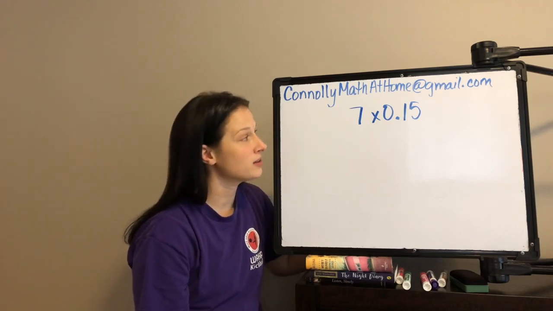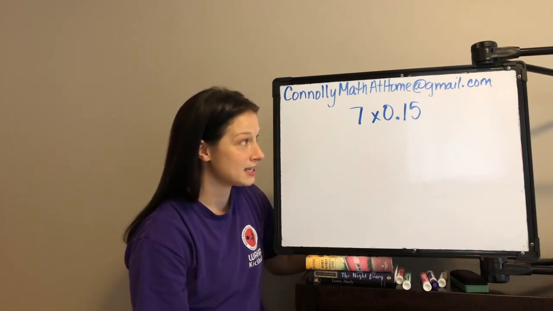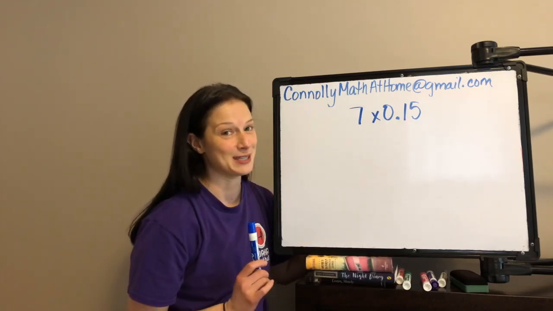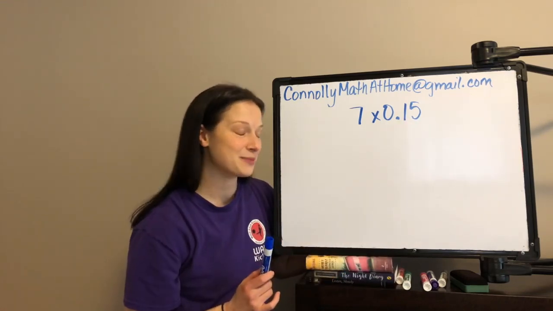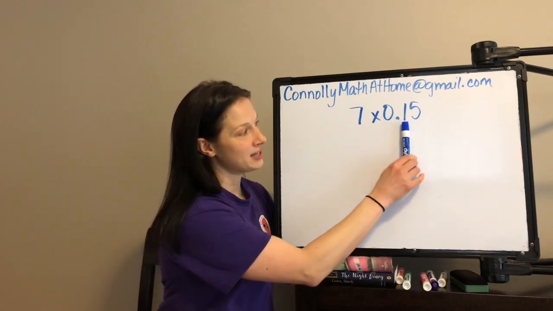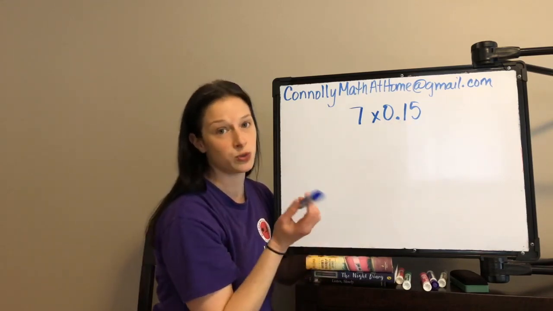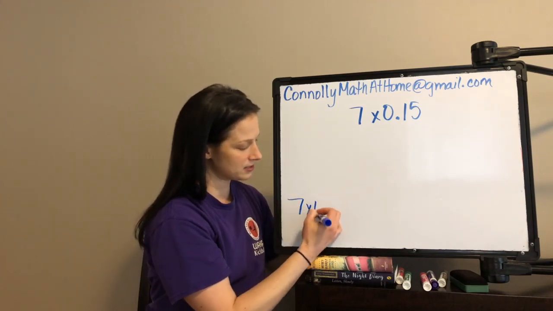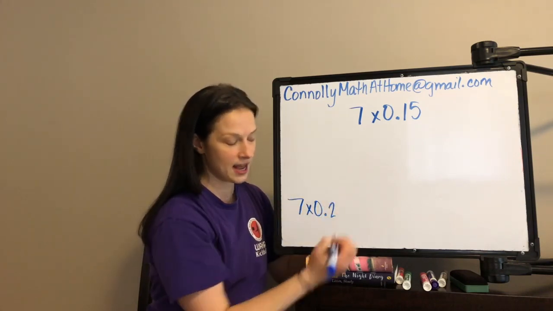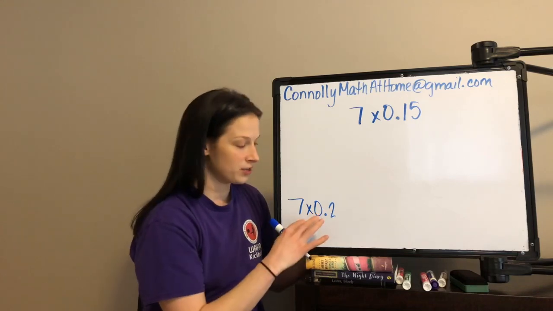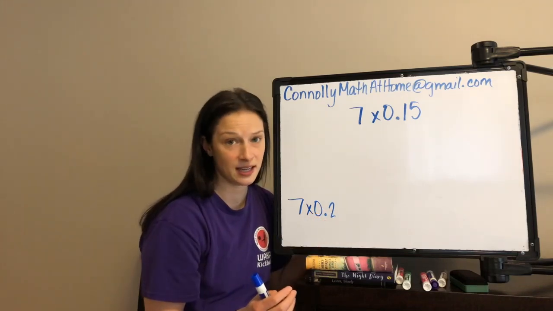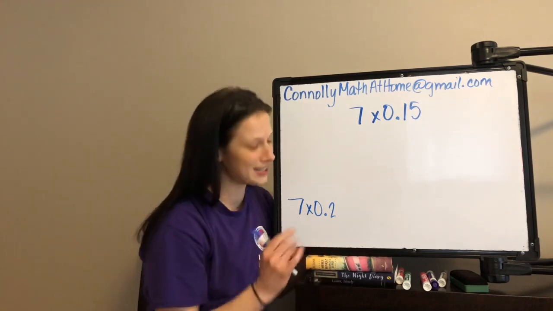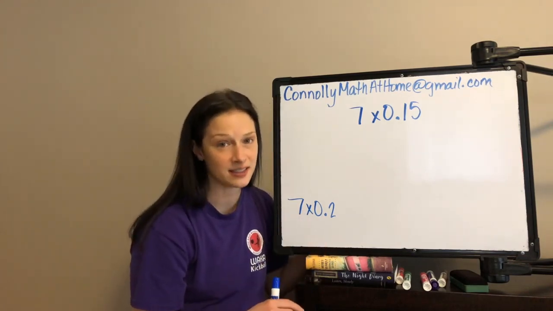So when I'm thinking about this, I look at the numbers and I see 1500ths, and I know a lot about rounding decimals because I watched Miss Connolly's rounding decimals video, and I'm thinking that 1500ths is close to 2/10. So there's a couple different ways we can estimate here, but I know that 7 groups of 2/10 is going to be 2/10 plus 2/10 plus 2/10 plus 2/10 plus 2/10 plus 2/10 plus 2/10, and that's going to be 14/10.